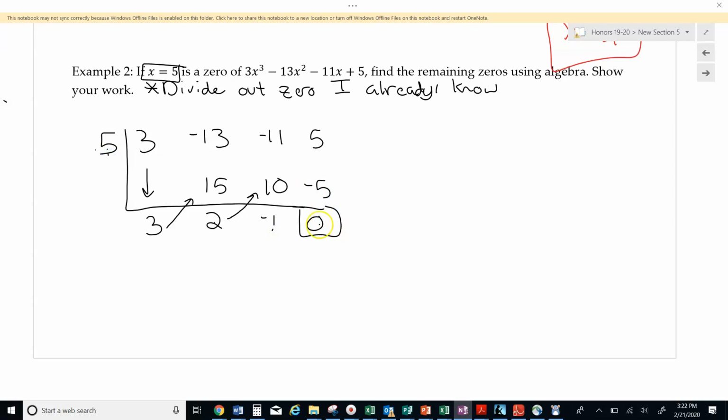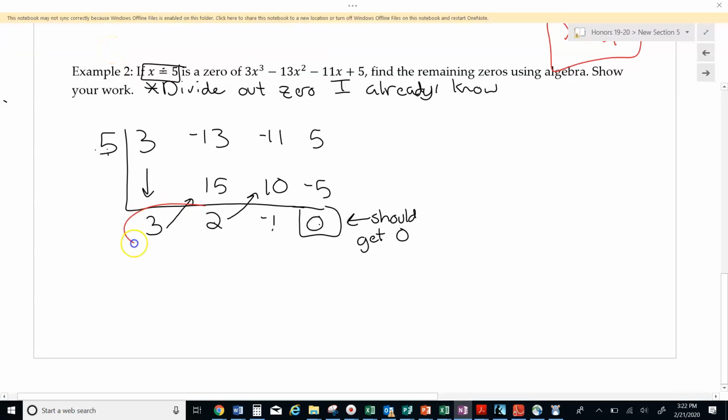Okay. This is good. Check. If I'm telling you it is a 0, or if I'm telling you it is a factor, you should get a 0 as your remainder. Okay?